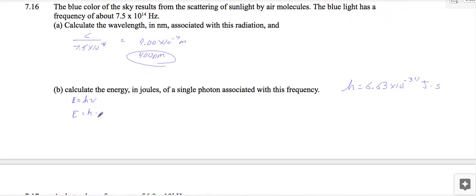Frequency is going to be what we had up here, 7.5 times 10 to the 14th. The energy is going to be 5.0 times 10 to the minus 19th joules. There you go. All right.